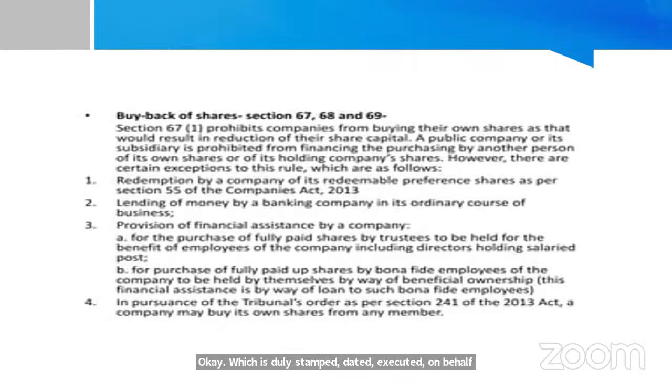So if there is any transfer of shares, it has to be on proper instruments, dated, stamped, signed by the transferor and the transferee. Then only the share transfer, security transfer can be done.